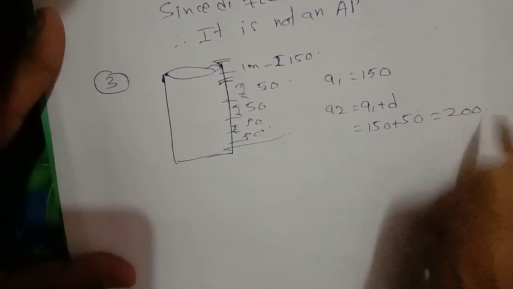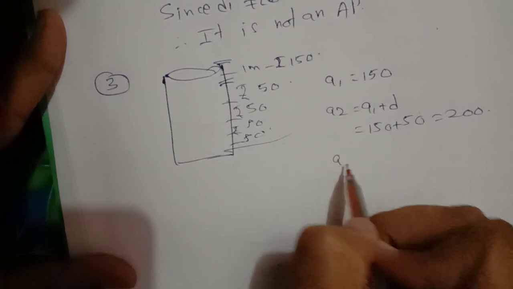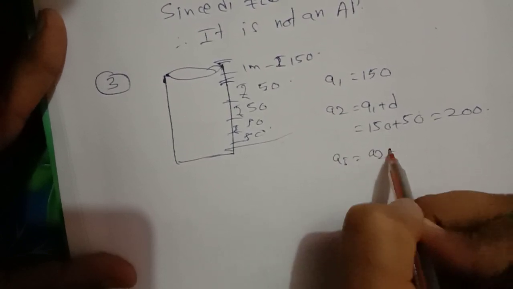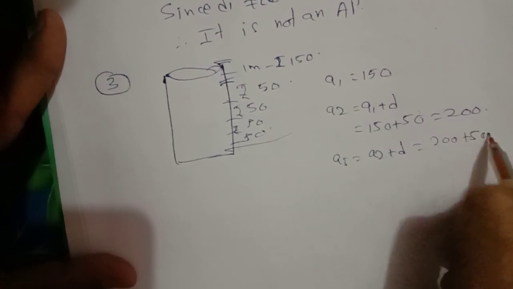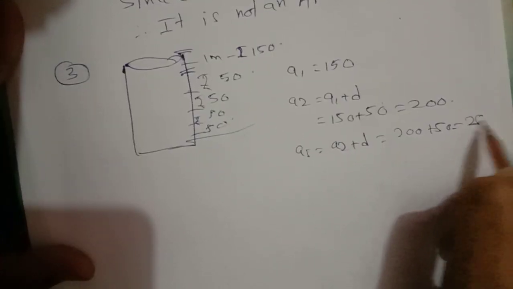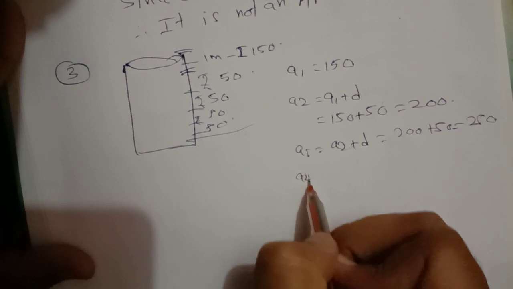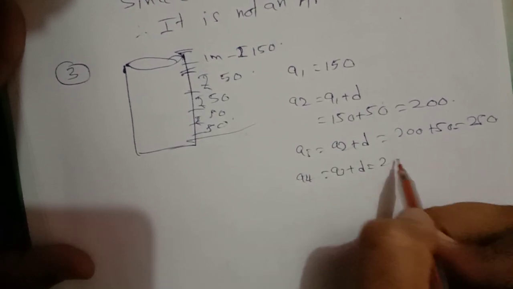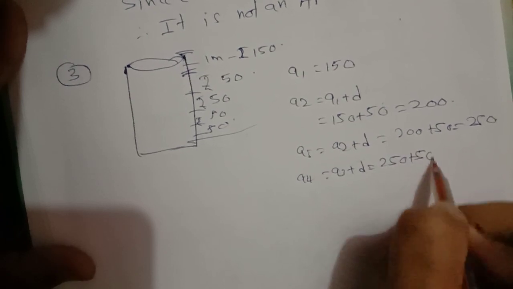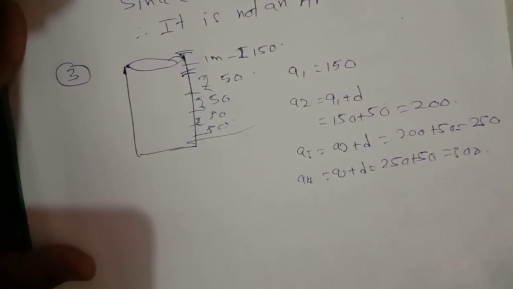It becomes 200. What will be A3? It is A2 plus D. 200 plus 50. It becomes 250. Like this, A4, A3 plus D, 250 plus 50, it becomes 300.